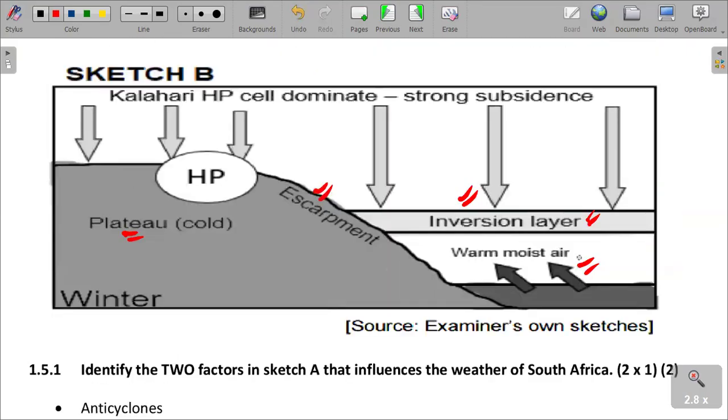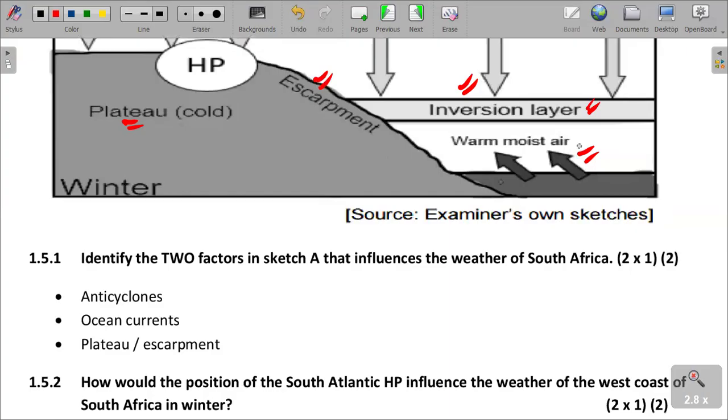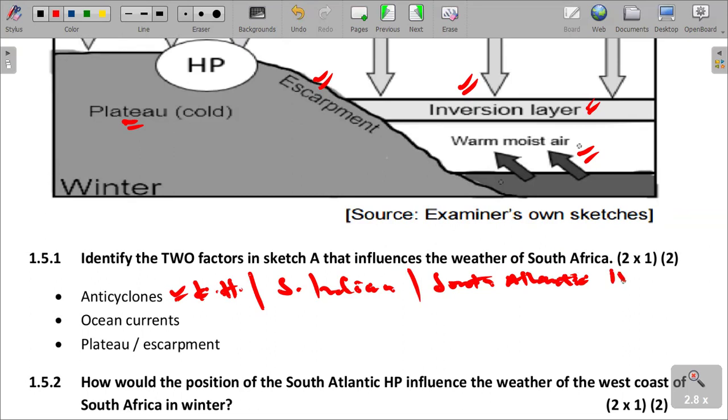We have got anticyclones. We have got the Kalahari high anticyclonic, the South Indian, and the South Atlantic, also high anticyclonic conditions, and then the ocean currents can also result in the formation of the weather conditions that we are seeing.